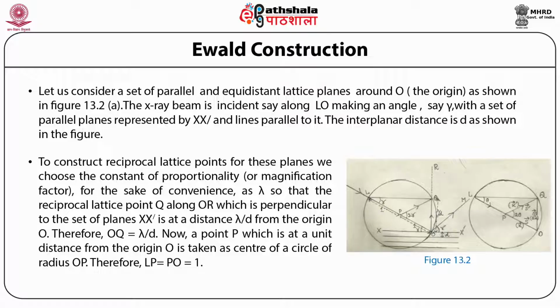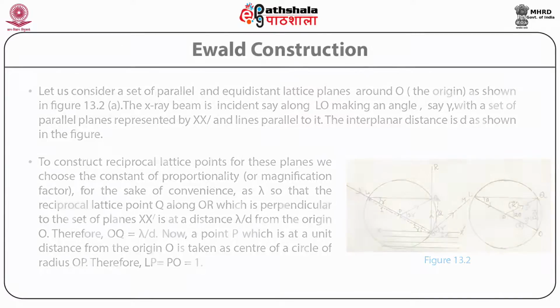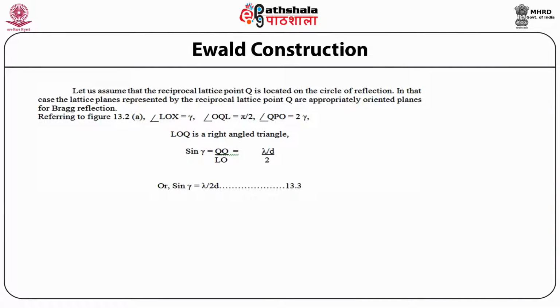Now a point capital P, which is at a unit distance from the origin O, is taken as center of a circle of radius OP. Therefore, capital LP is equal to capital PO is equal to 1. Let us assume that the reciprocal lattice point Q is located on the circle of reflection.